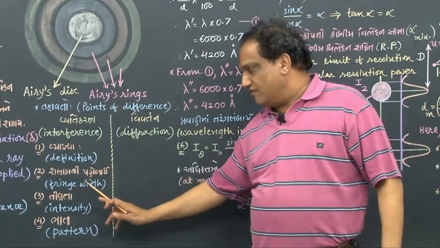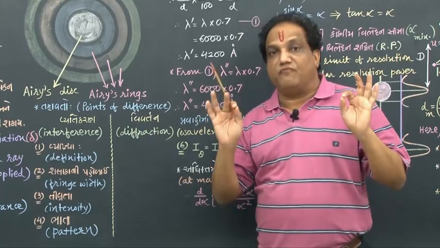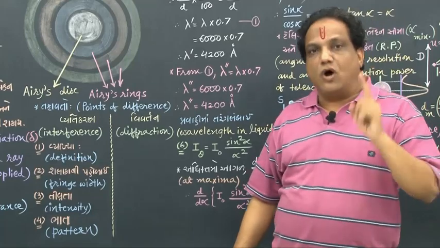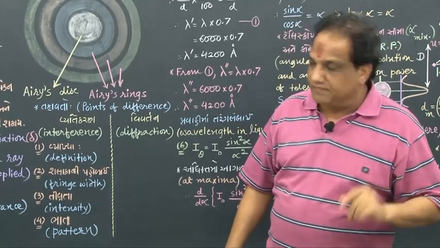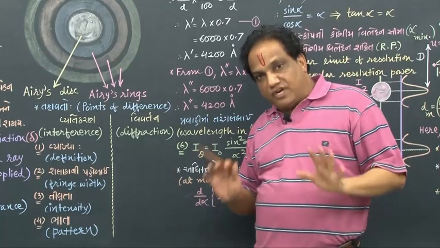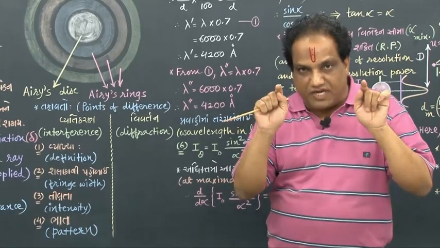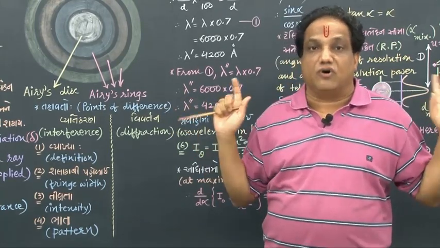What about fringe width? Here all the fringes have same width in case of stationary interference pattern obtained by Mr. Young in his double slit experiment. Here widths of all the fringes are not same. Width of central maximum is double the equal width of other order maxima.